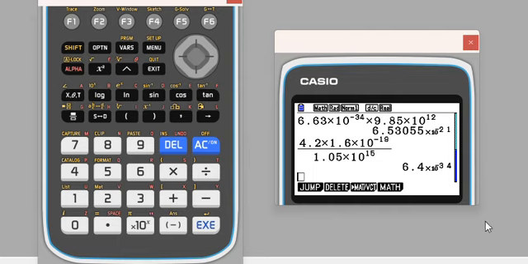It's going to be 6.4 times 10 to the power of negative 34.